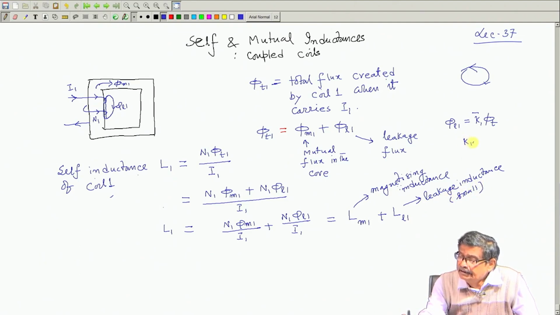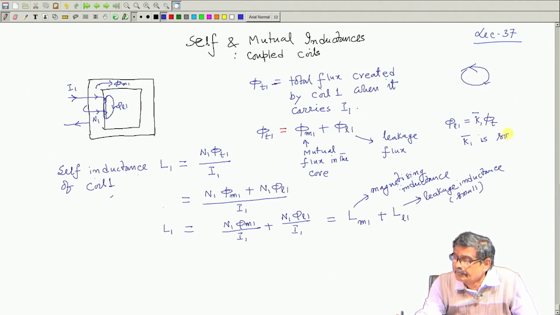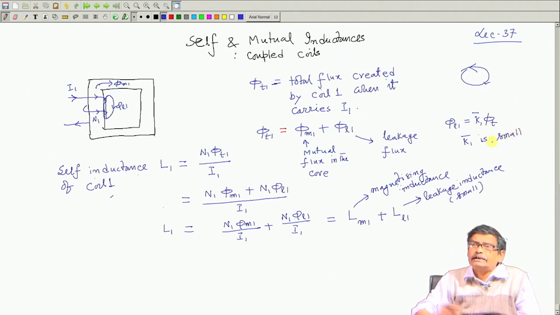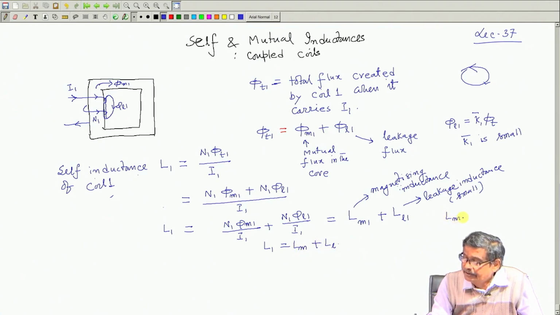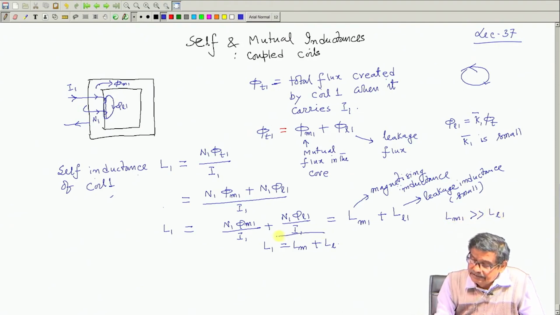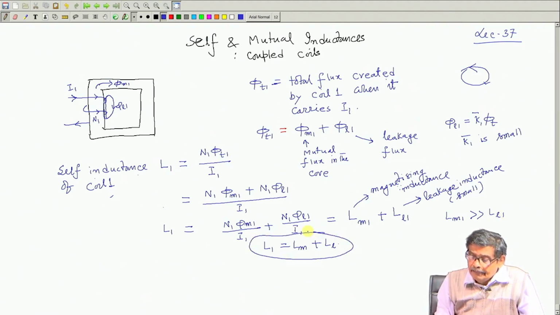K1 is a small number, a few percent of the total flux created. So, self inductance of the coil is LM1 plus LL1. LM1 is much larger than LL1.